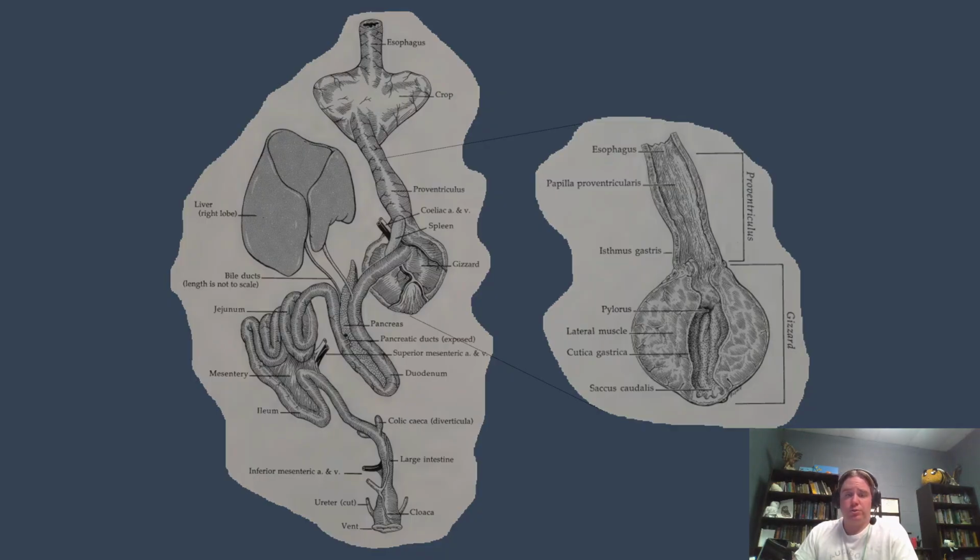And these birds will also swallow small stones and hold them in the gizzard that help even further grind things down. So you've got chemical and then physical processing going on in the stomach to break the food down.